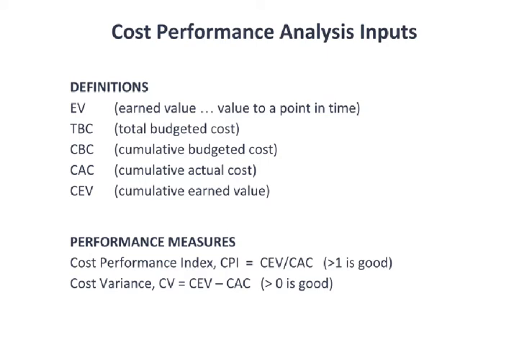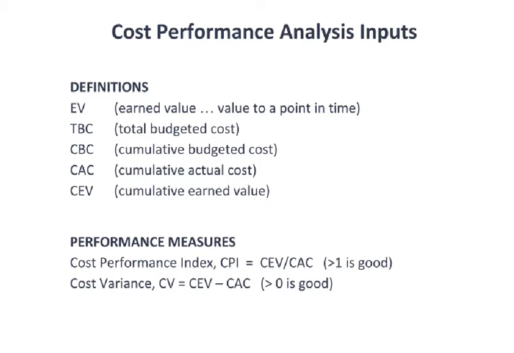$2,000 out of $10,000. Now, have we completed 20% of the work? Have we solidified, have we earned 20% of the value associated with that activity? Or are we spending money on things that don't really matter? So we're spending the money, but we're not accomplishing the task.